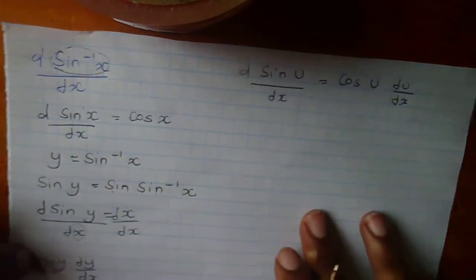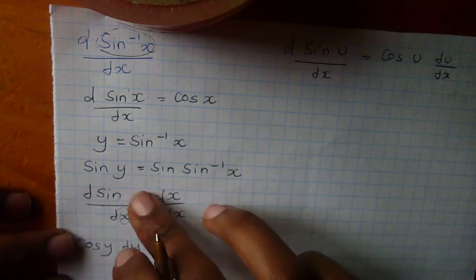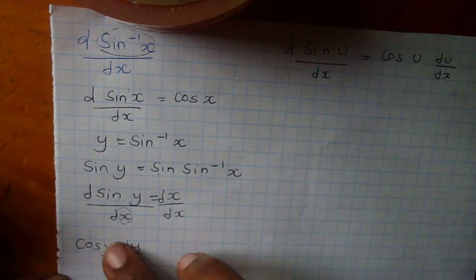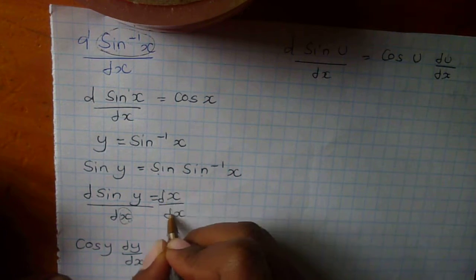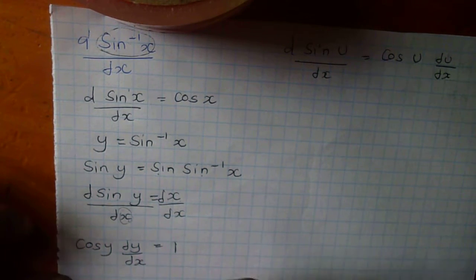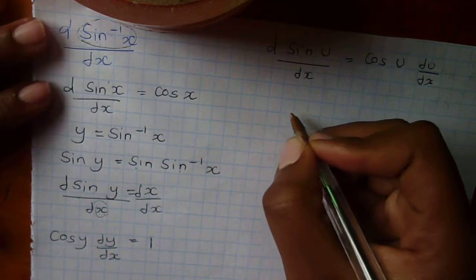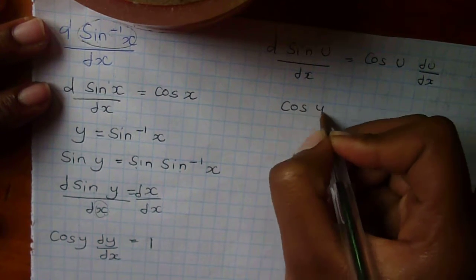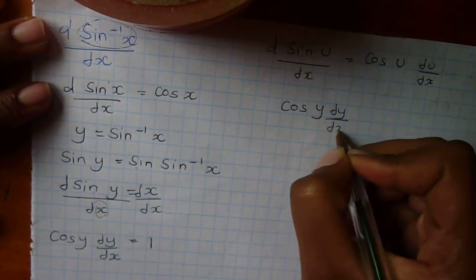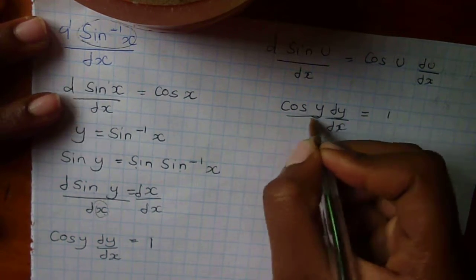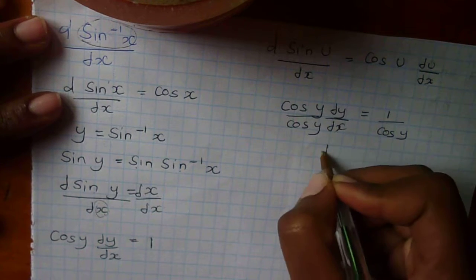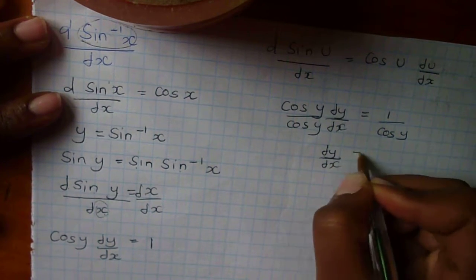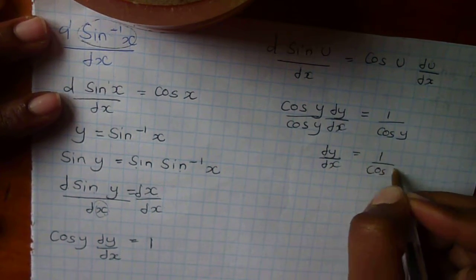It's the same thing we've applied, so we get the derivative of sine y as cos y dy over dx. From there, we know the derivative of x over dx is 1. So our equation will be cos y dy over dx is equal to 1. So we divide both sides by cos y. So our answer, dy over dx, is equal to 1 all over cos y.